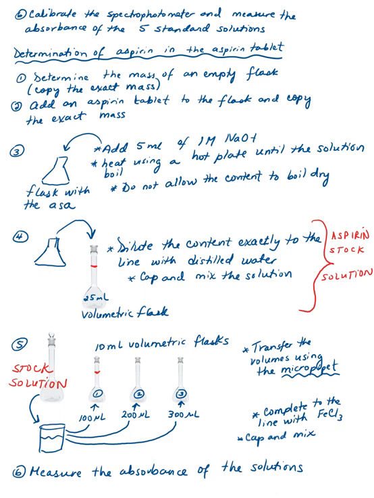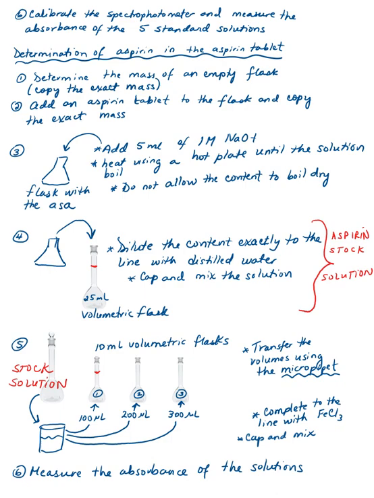So in this case, when you're doing this step number 3, you won't be able to see everything dissolving because not all the components in the tablet are going to be soluble in the water. So you will see that your solution does not look clear like the previous one, but that's okay because the acetyl salicylic acid that you have in your tablet, that part will dissolve, which is what you need in your solutions to measure the absorbance.